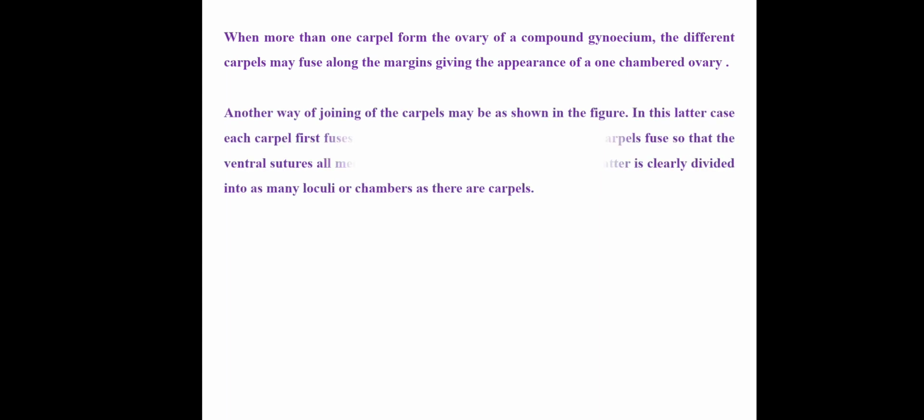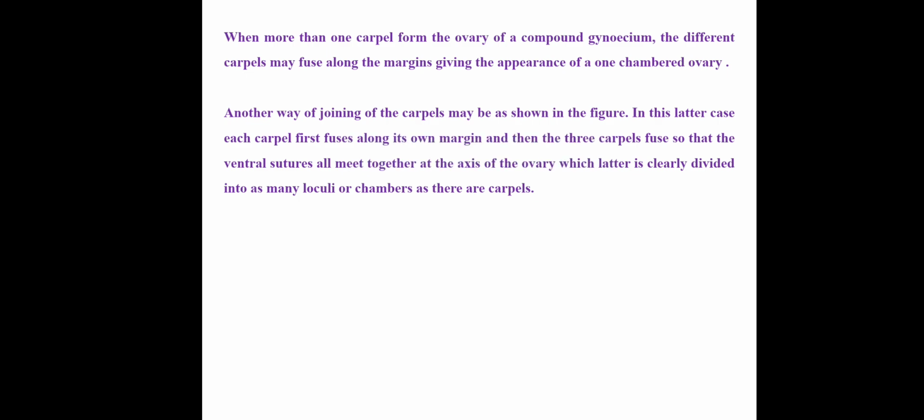When more than one carpel forms the ovary of a compound gynoecium, the different carpels may fuse along the margins, giving the appearance of a one-chambered ovary.